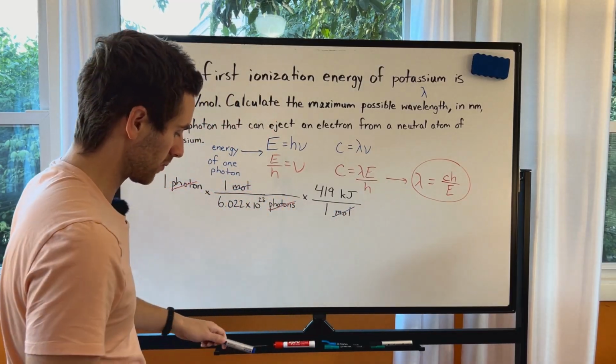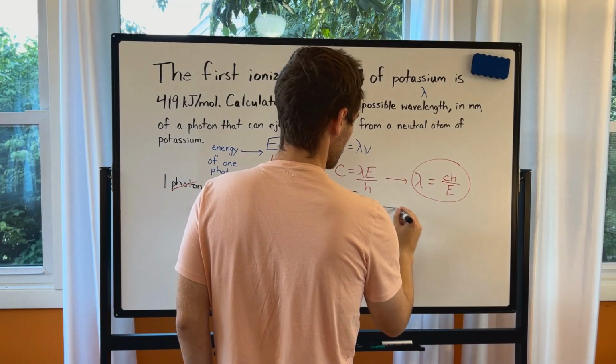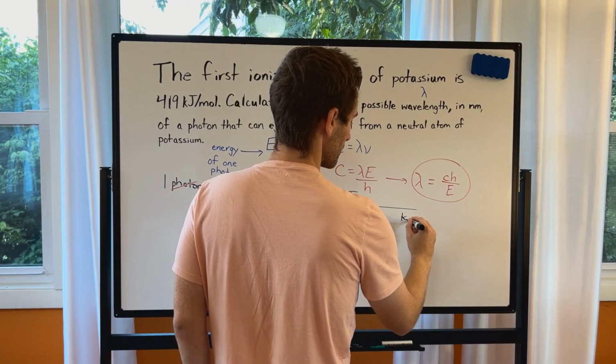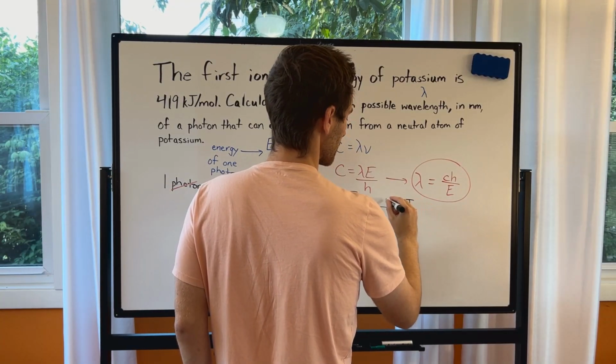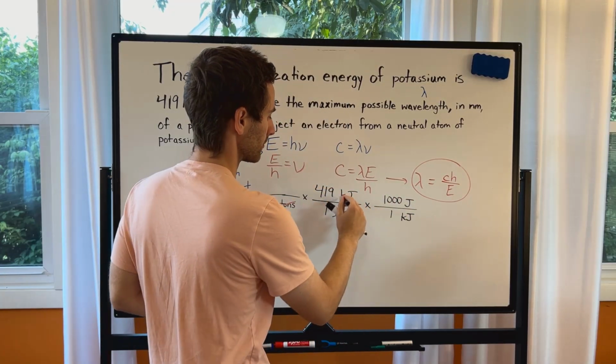And then, like I said, we want our energy to be in joules as well. So we'll convert kilojoules to joules. There's 1,000 joules in 1 kilojoule.